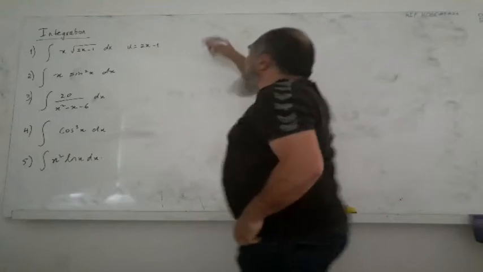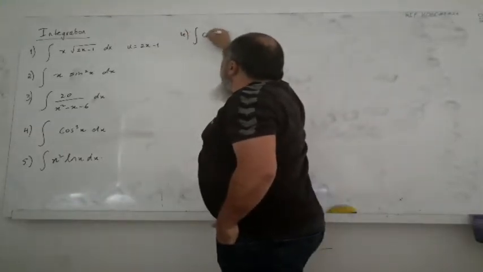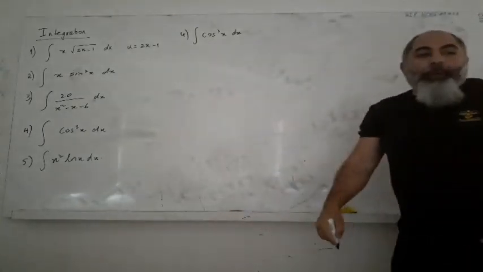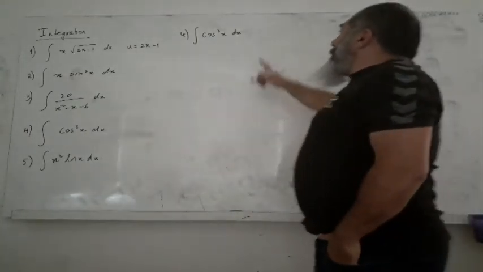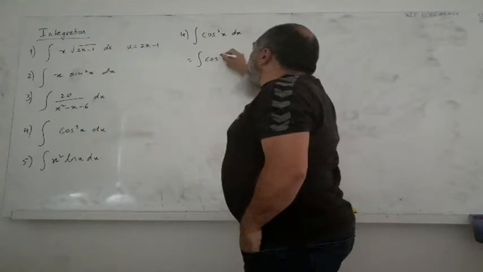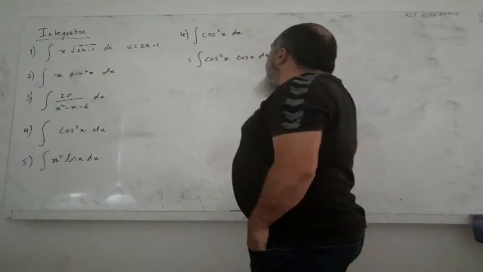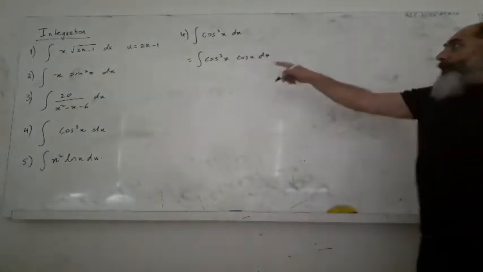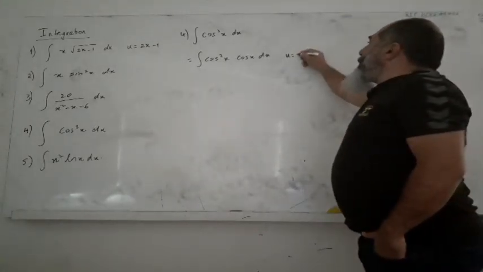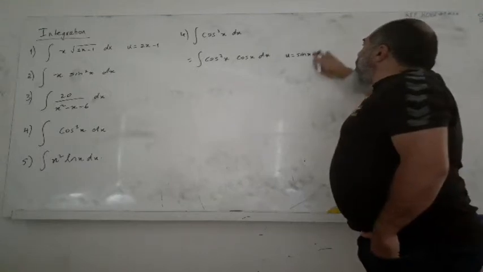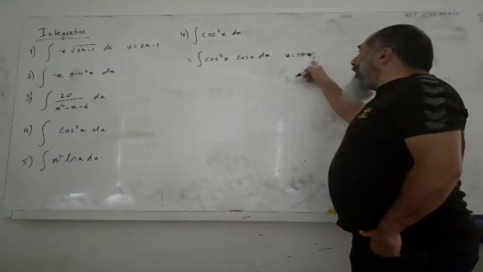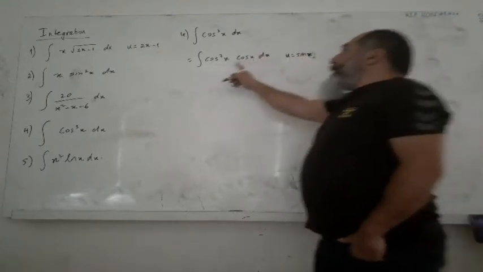Integral of cos cube x dx. We don't have any expression for the integral of cos cube x, so I am going to separate cos cube x into cos square x times cosine x. And I am going to solve this by substitution, and I am going to choose u equal to sine x, because when I take the derivative of sine x, it becomes cosine x, and we can also write cosine square x in terms of sine x.